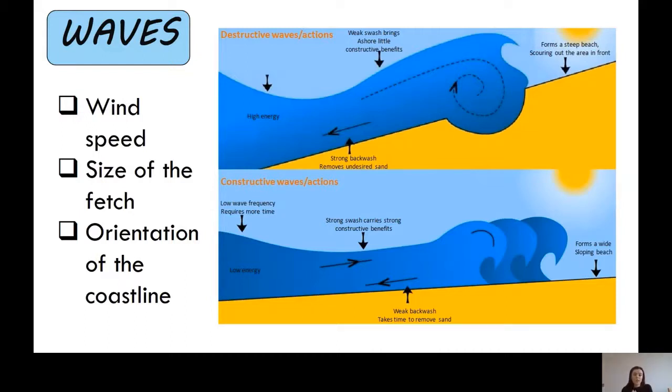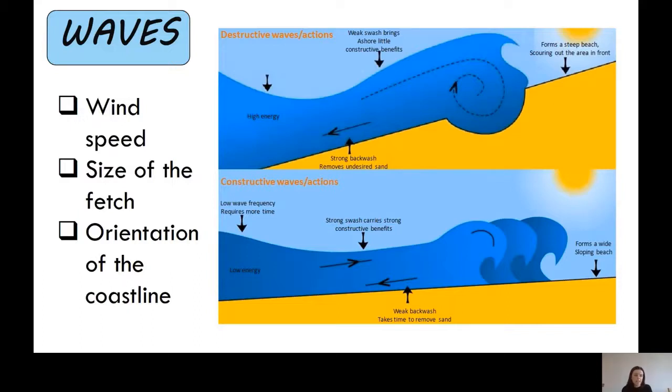Now, destructive, as you see at the top there, has a higher wave height, and you see these usually during the winter. Here, the swash energy is less than the backwash. Because the backwash is stronger, it strips the sediment away from the beach.